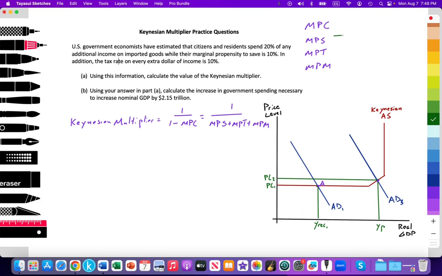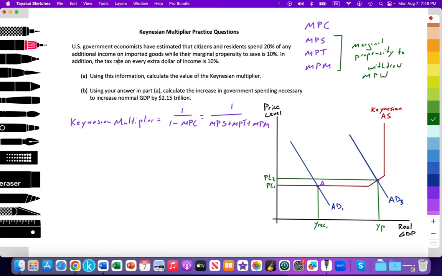In this question, they're giving us these three values, and that can also be considered the withdrawals, the marginal propensity to withdraw, or MPW, which is the sum of the marginal propensity to save, tax, and import. So in this question, again, they're giving us these three variables, and we're going to be using this formula right here.